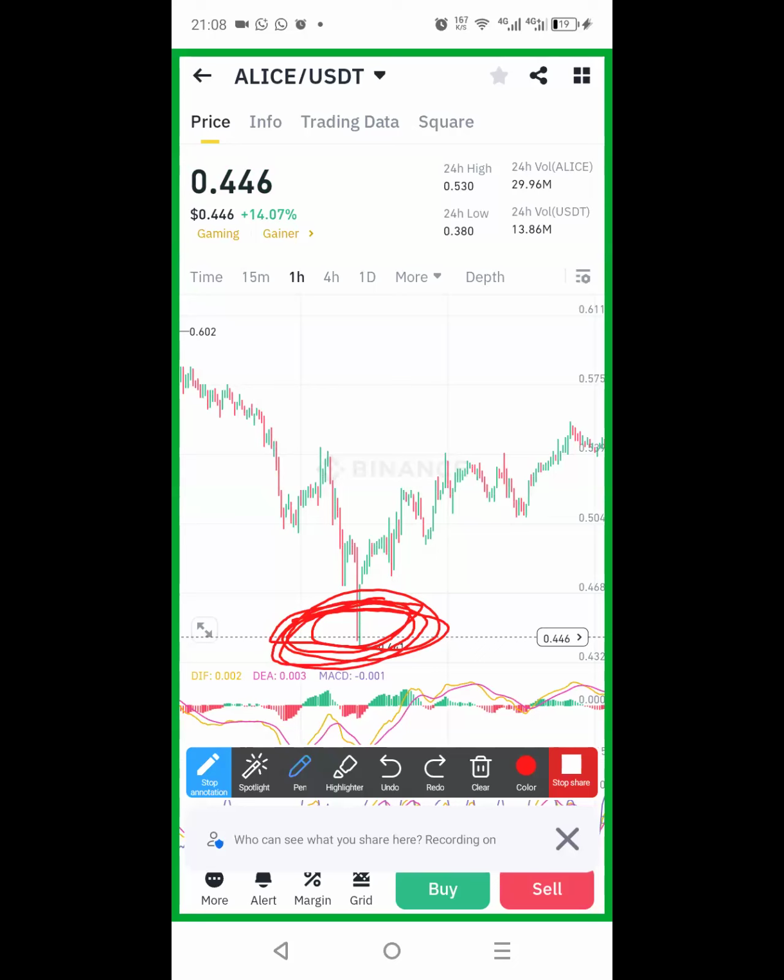For example, a particular coin takes 2 steps upward, then when it wants to come down, it takes maybe 1 step back. After 1 step back, it takes another 2 steps upward. That's just an example of a coin going in an uptrend movement.